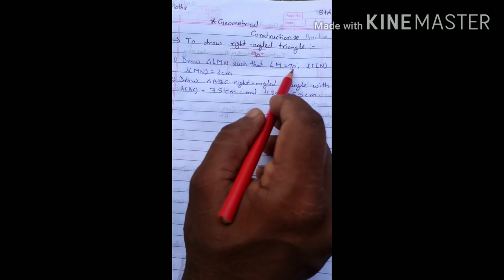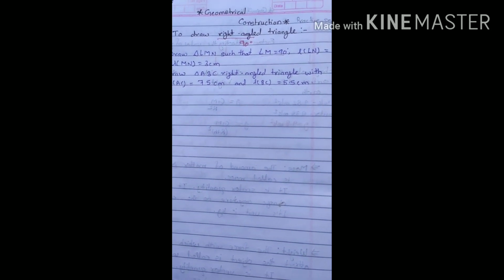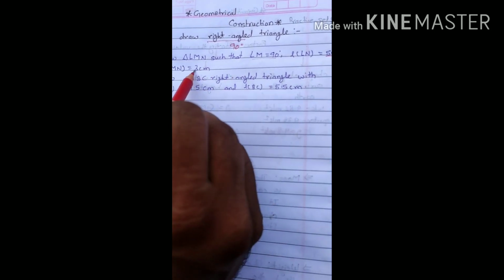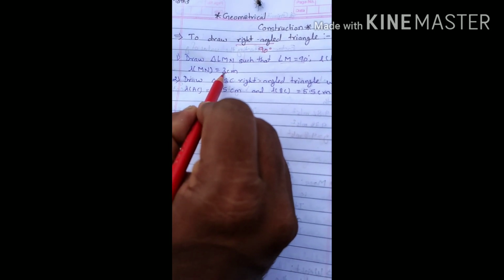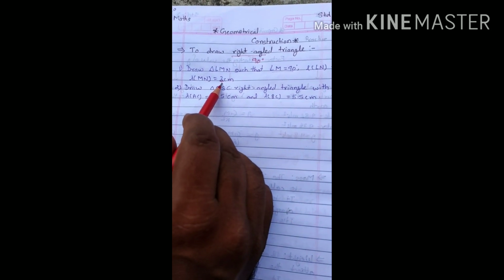Here 90 degrees is given, so there is no problem. Now we have to decide what is hypotenuse and what is base. So the greater number is hypotenuse and smaller number is base.